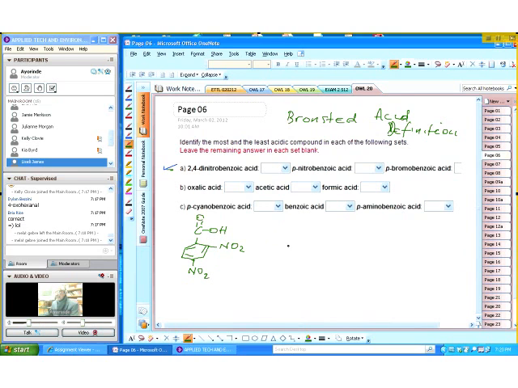Now, when we say this molecule is acidic, we are essentially saying that this molecule will be willing to give away this proton right here to become a conjugate base.